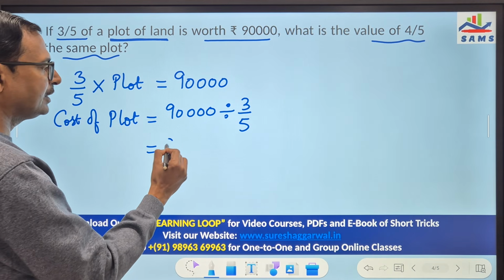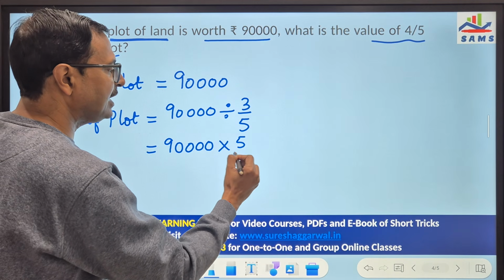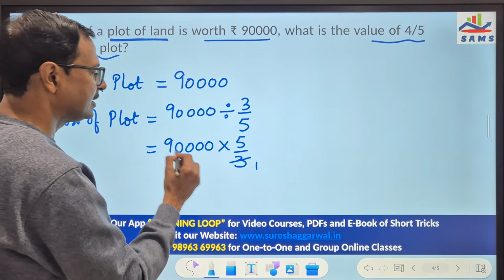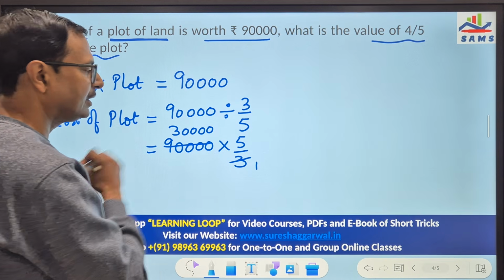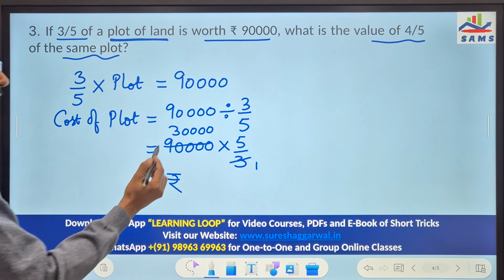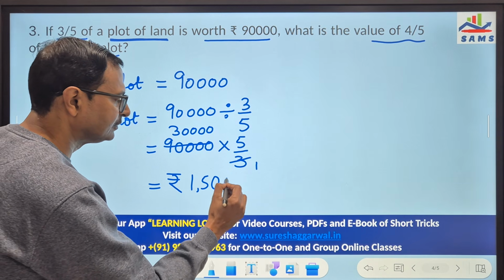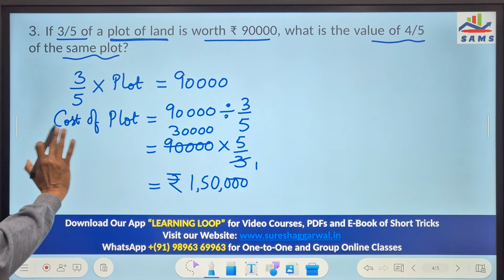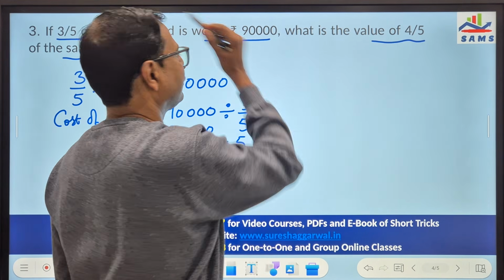So this will become 90,000 times 5 by 3. 3 cancels, 90,000 by 3 is 30,000 times 5, and your answer for the cost of plot will be 1,50,000, and that is the cost of the plot.